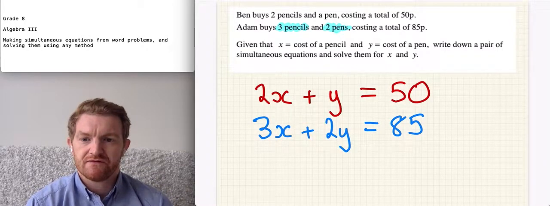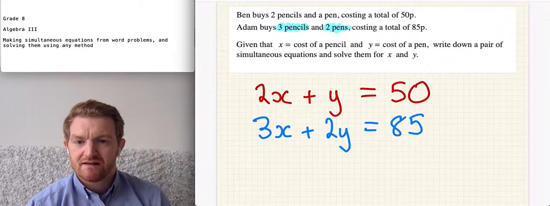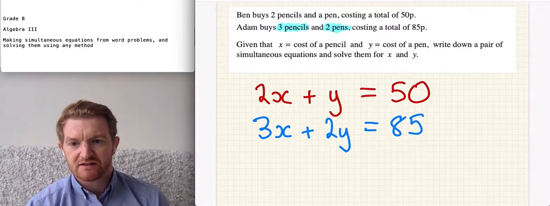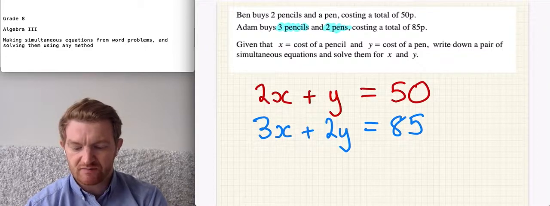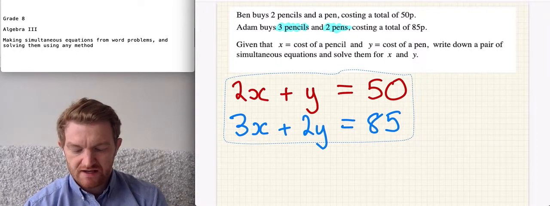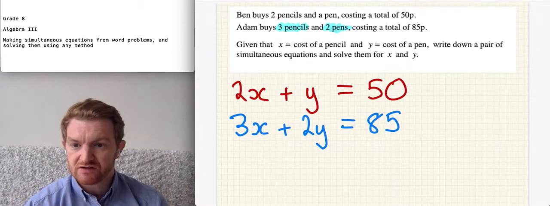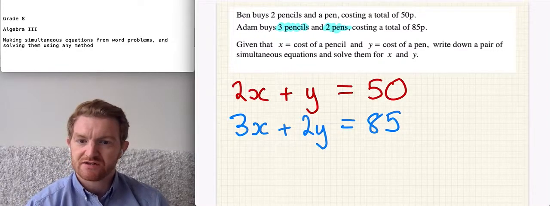And that's a simple example, and hopefully what we can see now is we have something here that is like what we've done in the past, where we've got 2 simultaneous equations and we can choose which method to use. Now you may have your personal preference about which method to use, and remember both methods are absolutely fine for any question.